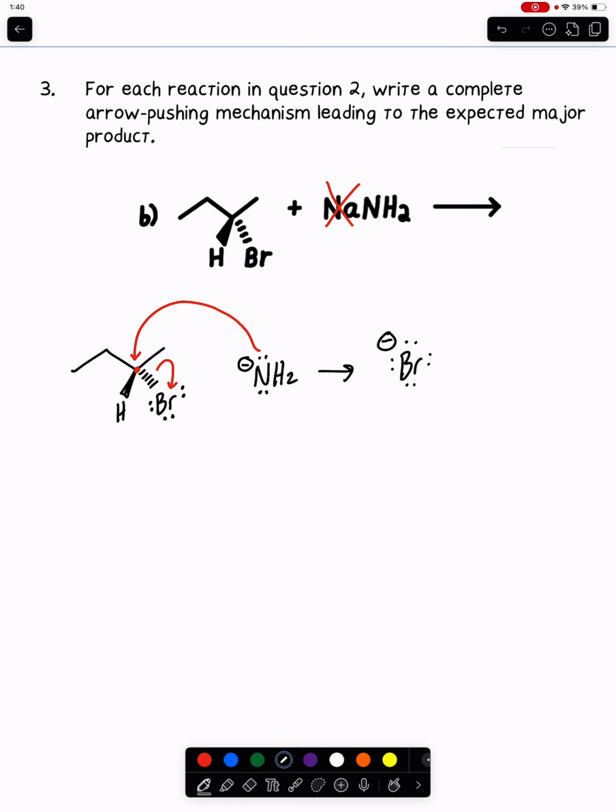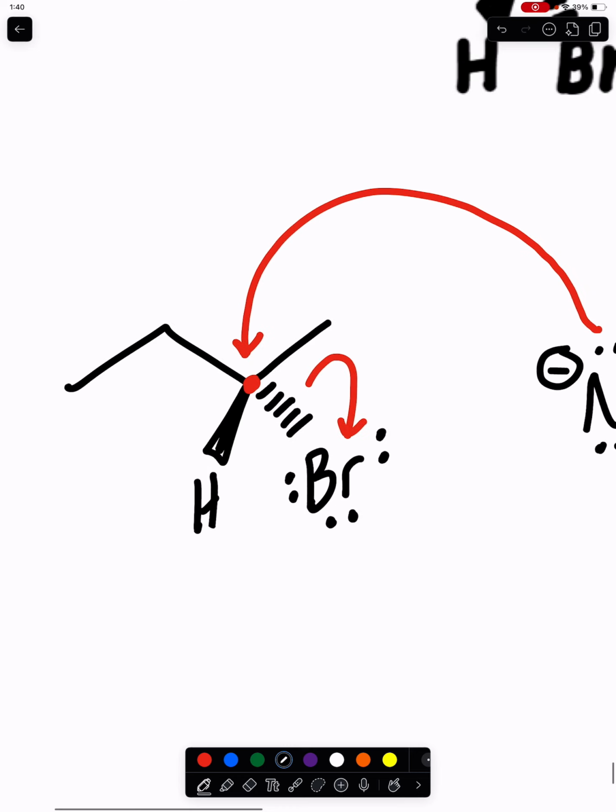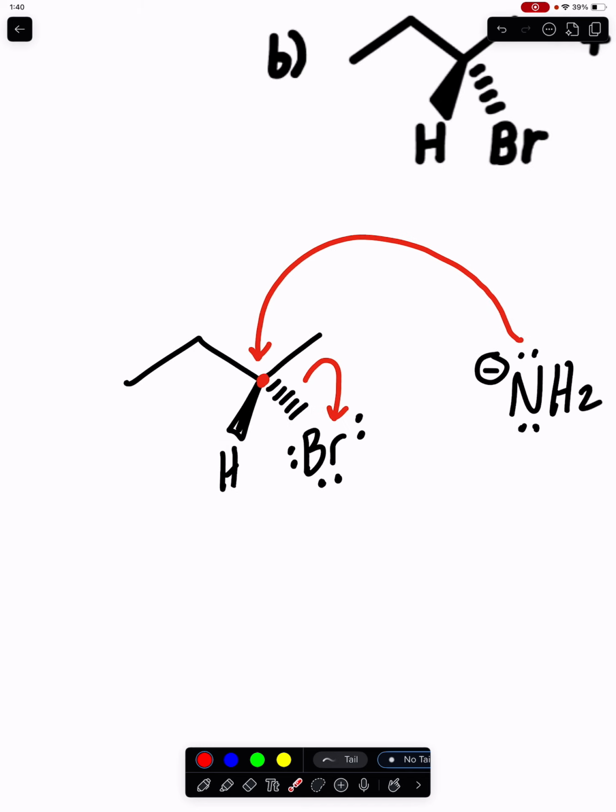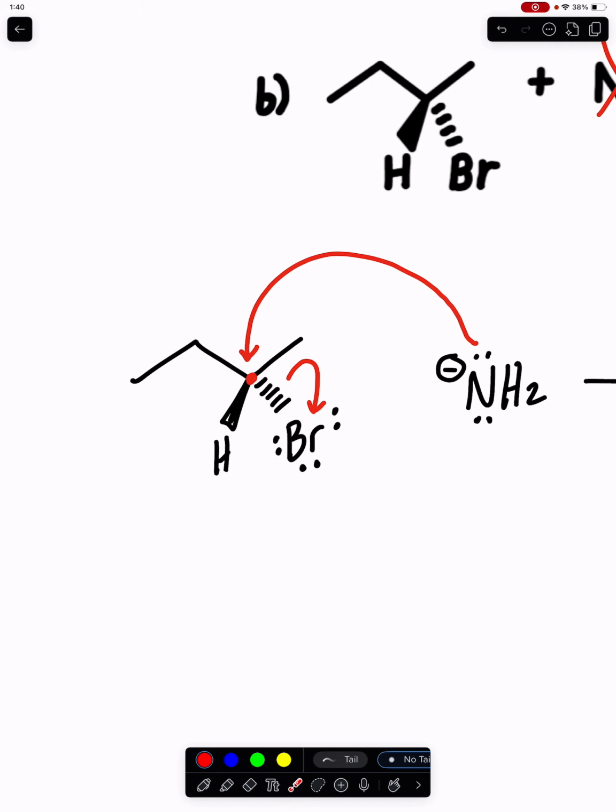The reason that's the best leaving group here is because that bromine is larger, it has more space, it's more polarizable, it can handle that negative charge better than the other possibilities. The other possibilities are that the hydrogen could leave with the negative charge, but H- is a very, very strong base. It's very unstable, so it's not going to leave. This carbon or this carbon could leave with the negative charge, but carbon with a negative charge is a very strong base/nucleophile.